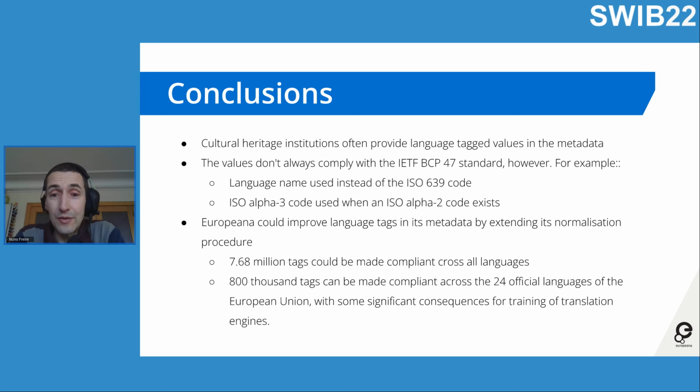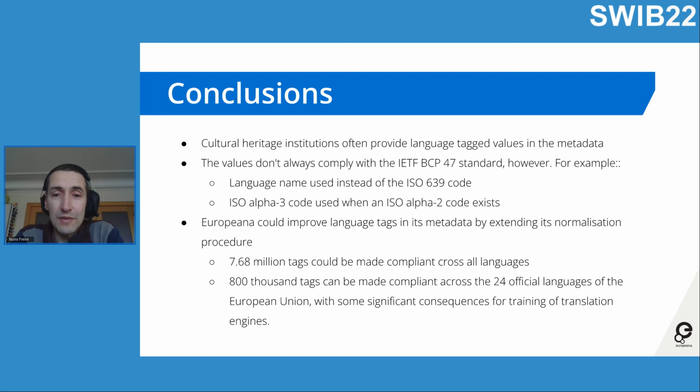We also found that Europeana could improve the language tags in its metadata if it would apply the normalization procedure that it already has in place to the older data, which was ingested before the language normalization was implemented.